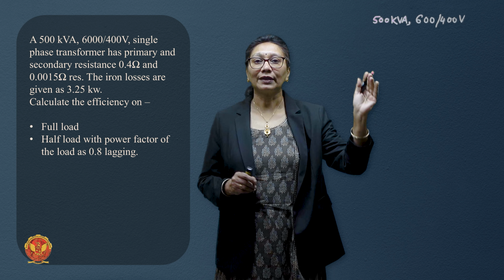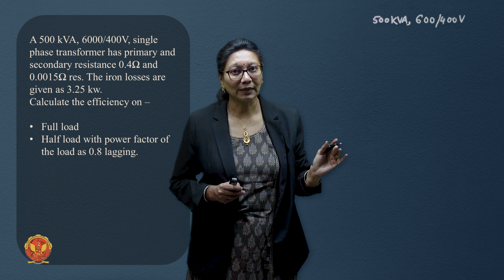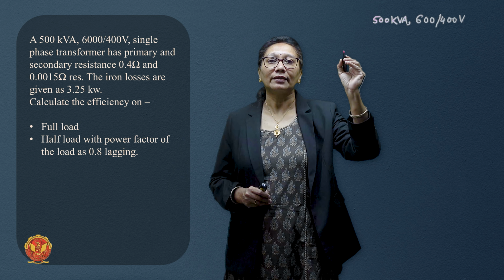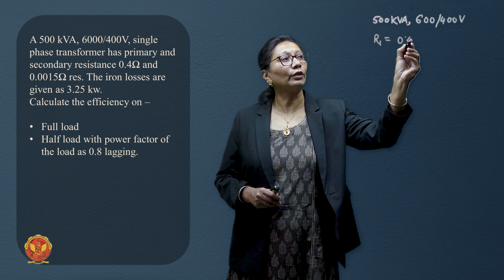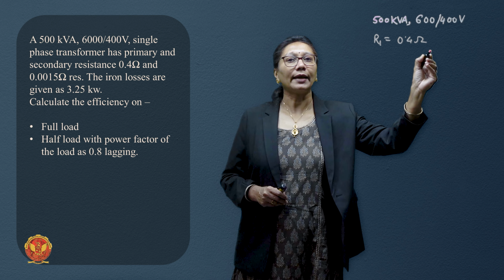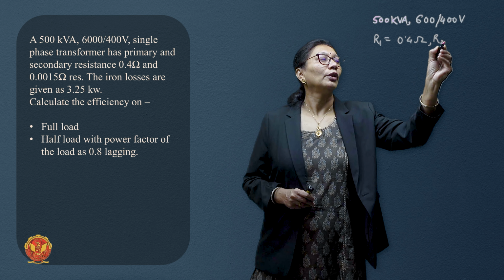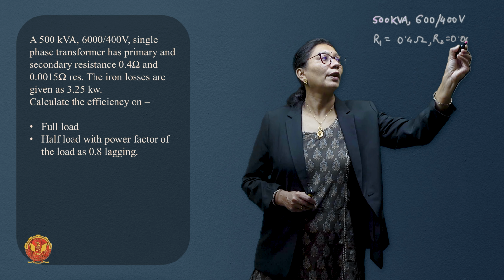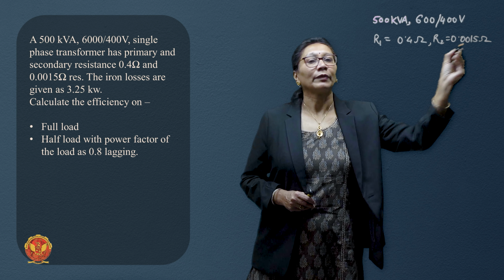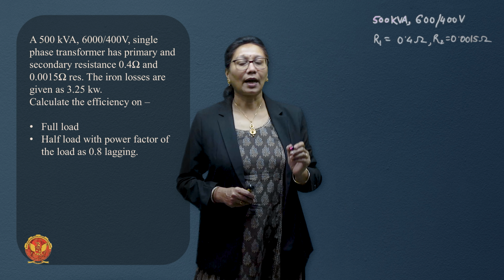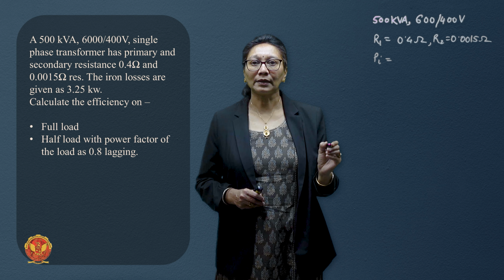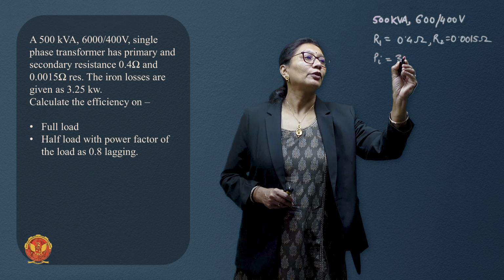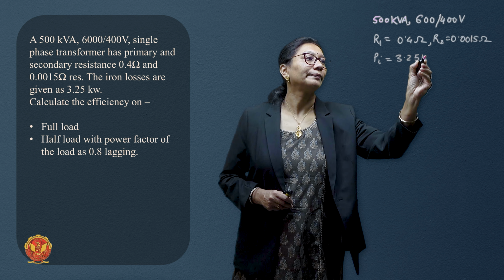It is a single phase transformer with 50 Hz frequency, and its primary and secondary resistances are given as R1 equal to 0.4 ohm and R2 equal to 0.0015 ohms. Next, we are given the iron losses, which are fixed throughout the performance, as 3.25 kilowatts.